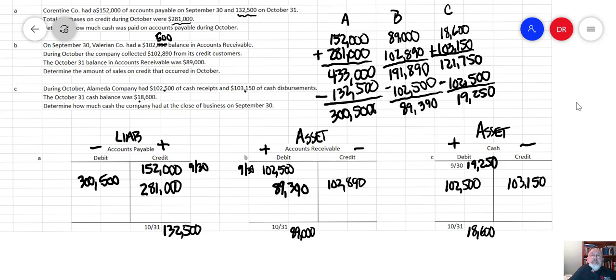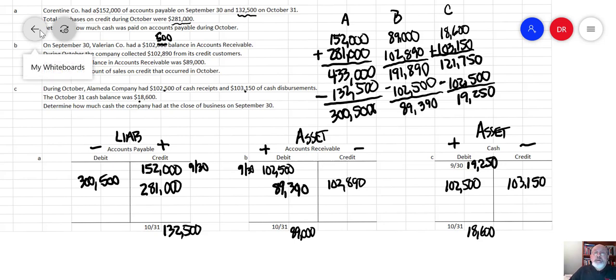And here it's the same thing. Add the beginning balance and the increases in the account, which are on the plus side, the normal balance, and subtract out the cash payments of 103,150, and you come back to the ending balance. Okay, so that's the first exercise that I wanted to cover with you.